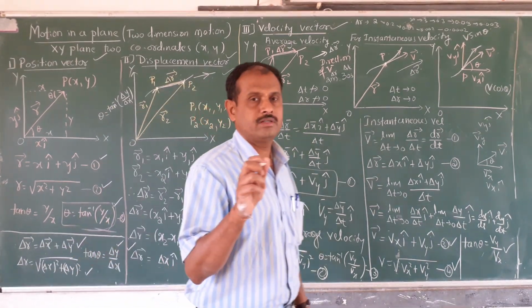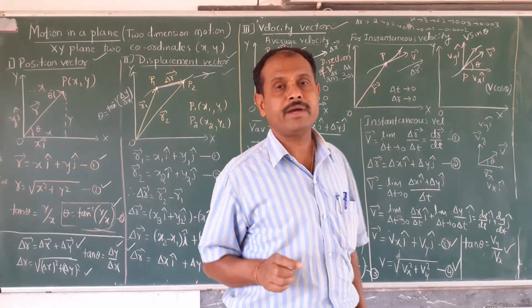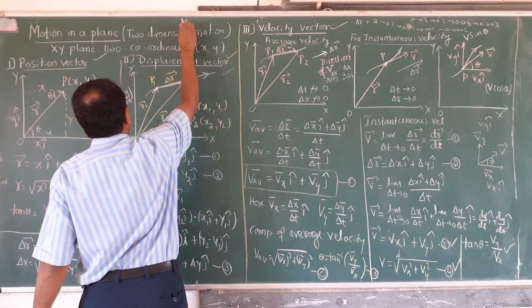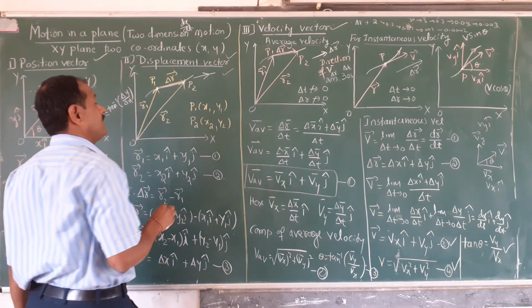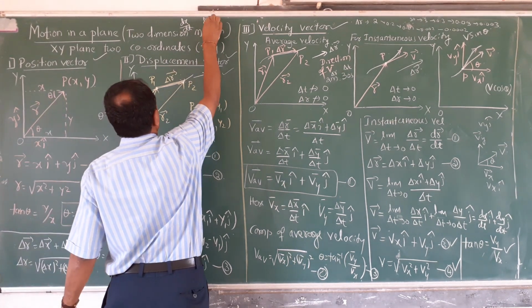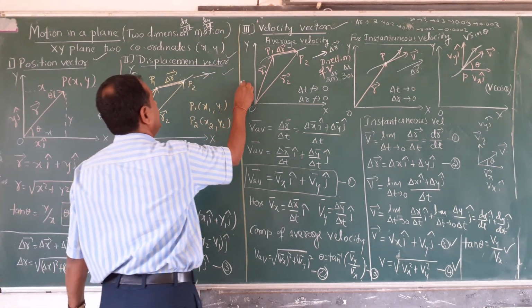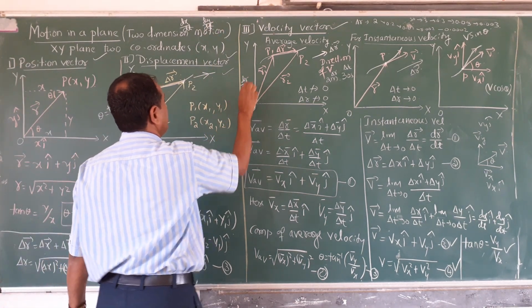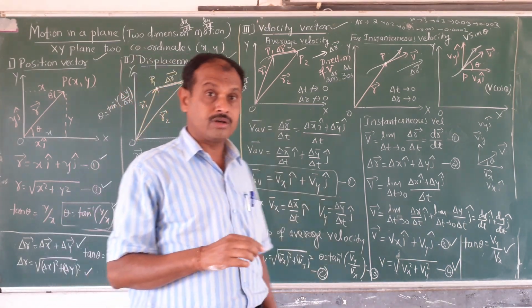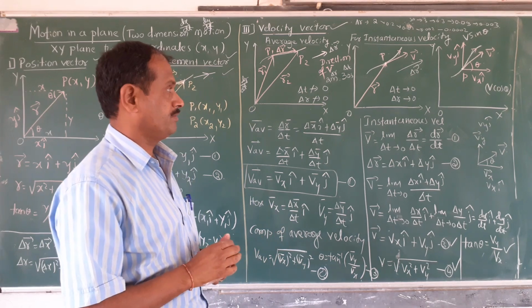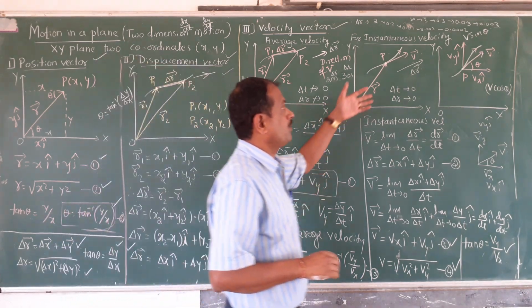Wherever d comes, dx by dt, dr by dt. So here dx by dt is instantaneous velocity along the x-axis. dy by dt is instantaneous velocity along the y-axis. dr by dt indicates the instantaneous velocity, whether it is in 2 dimensions or in 3 dimensions. These are the 3 important points.